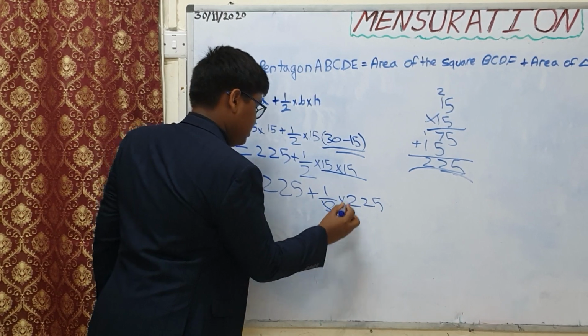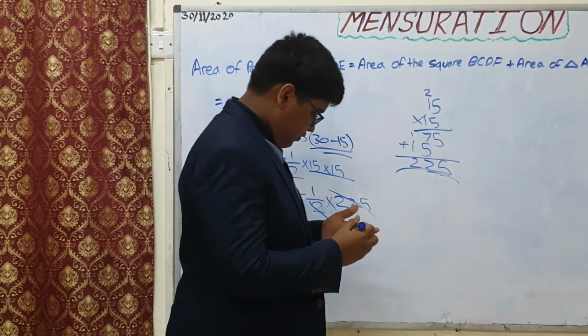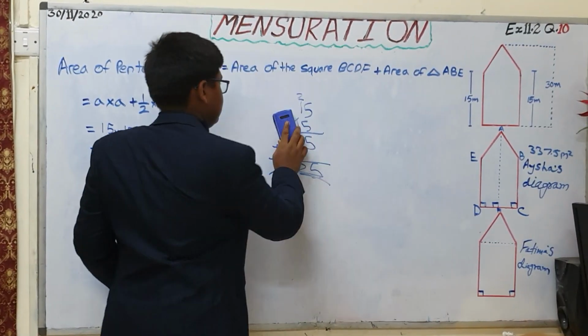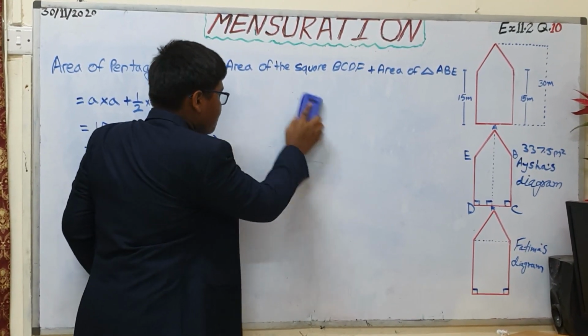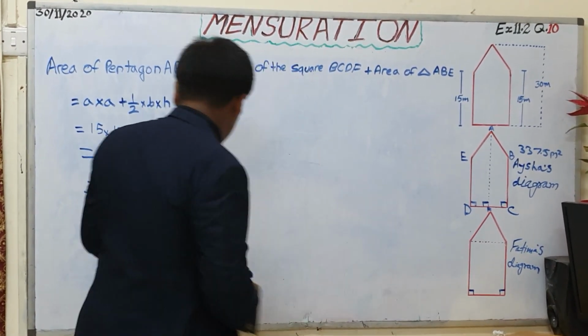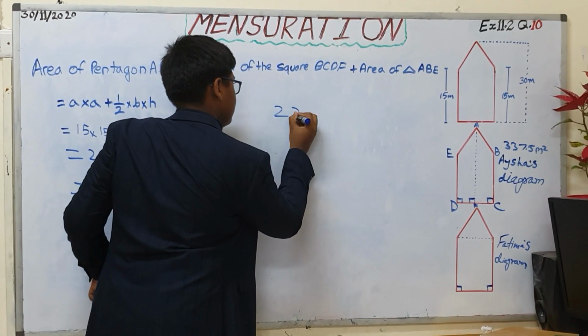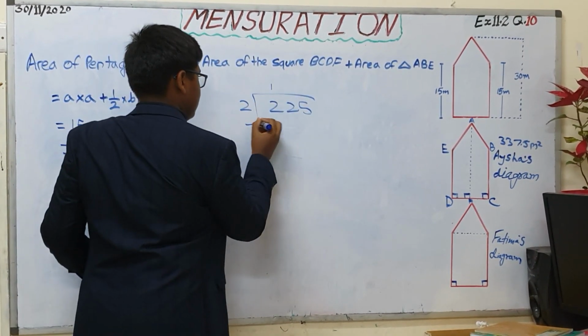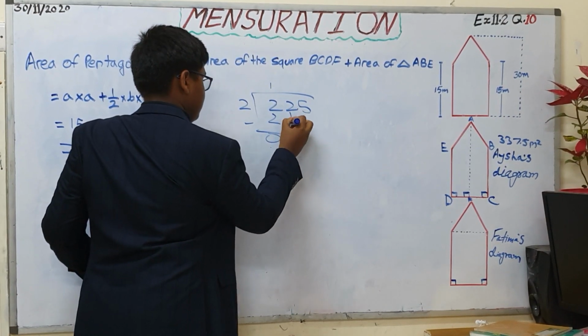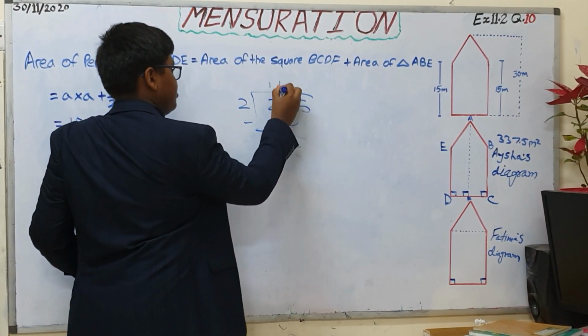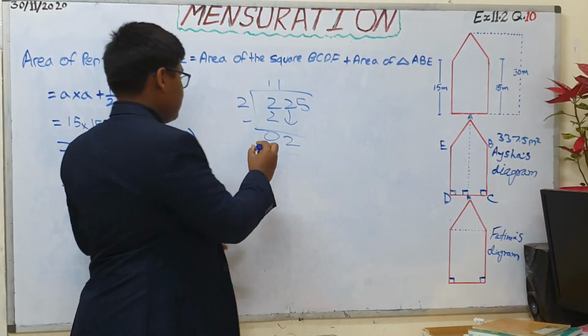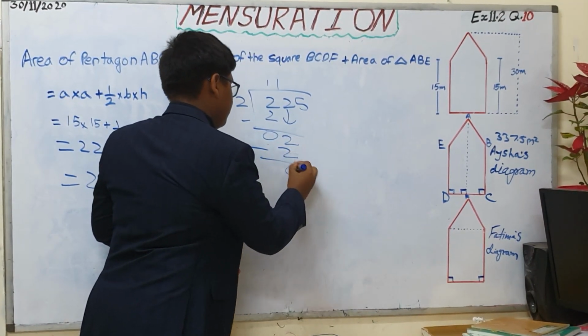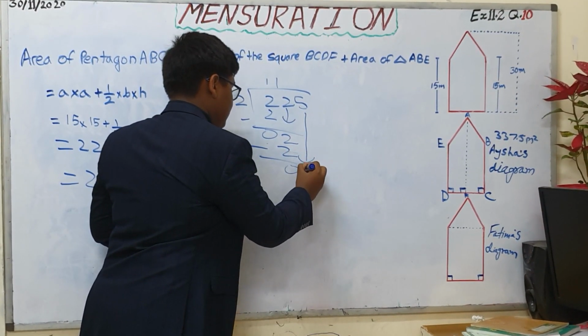Now we are going to divide them. I'm going to make this fast. 225, we divide by 2: 2, then 1, then again 2, then we take 1 again, then it will be 0, and then we bring 5 down.